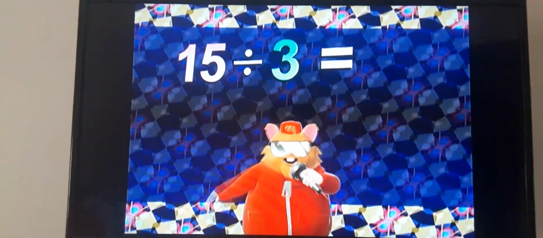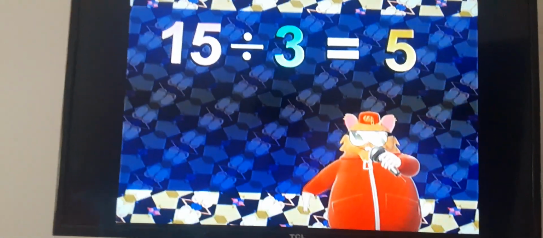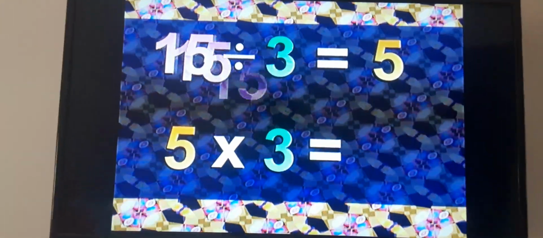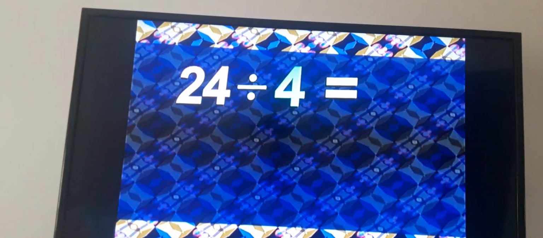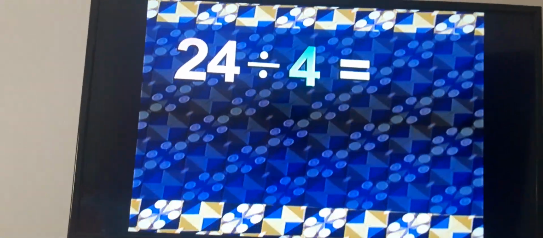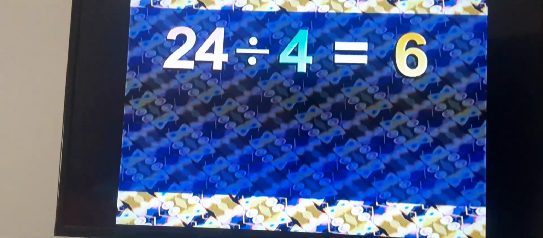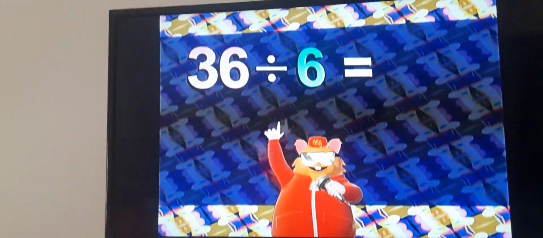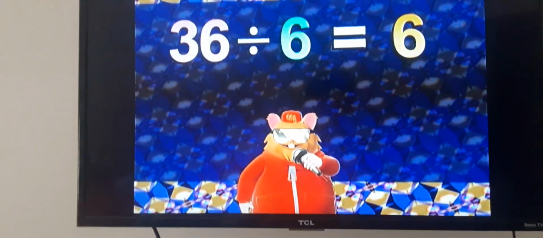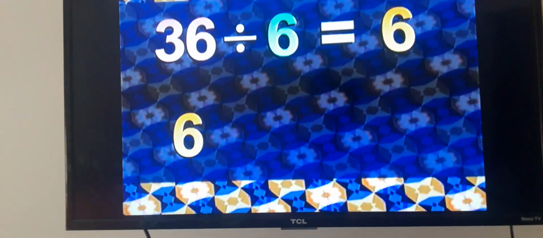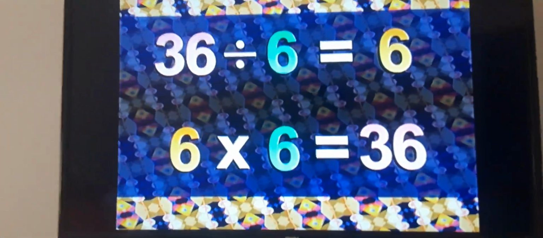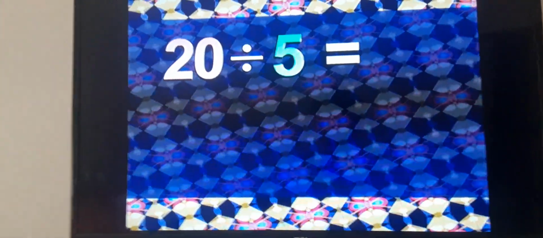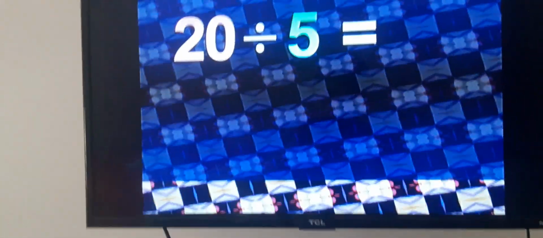15 divided by 3 is... 5. Because 5 times 3 is 15. 20 divided by 5 is 4.